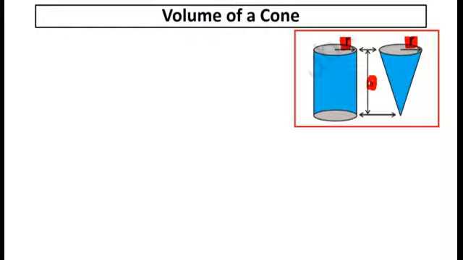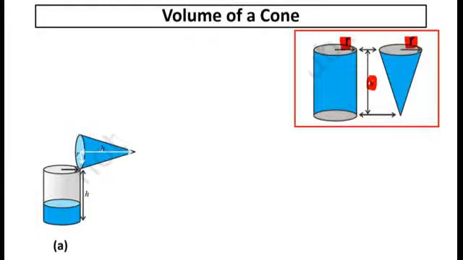With this cylinder and cone, an experiment has been carried out as shown in figure A. The cone has been completely filled with water and emptied into the cylinder. It has been observed that the cylinder is not completely filled.